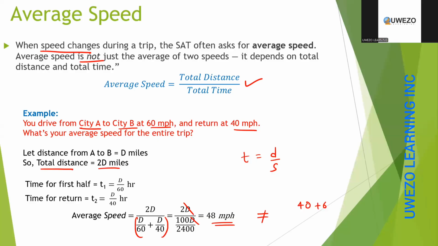Sometimes SAT questions use rate problems where two people or two machines are working together. In such situations, we add up both the rates, and the combined rate would be R1 plus R2. For example, machine A can fill a tank in 4 hours and machine B can fill a tank in 6 hours.